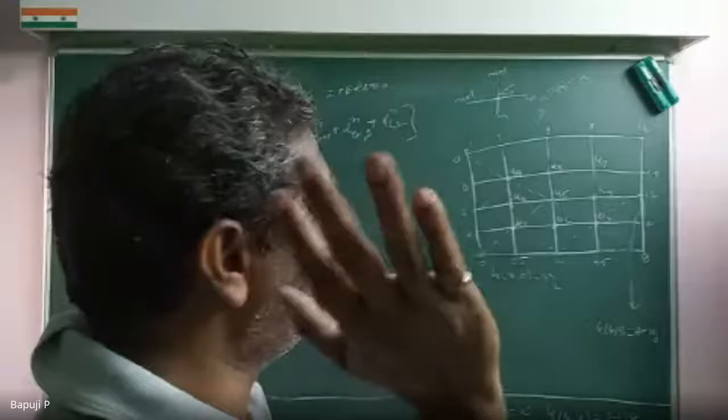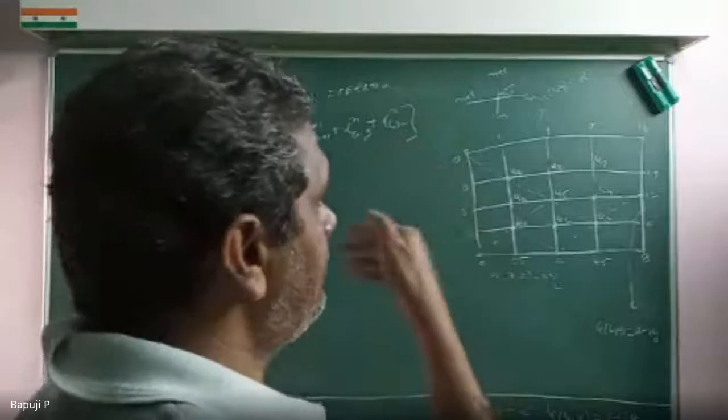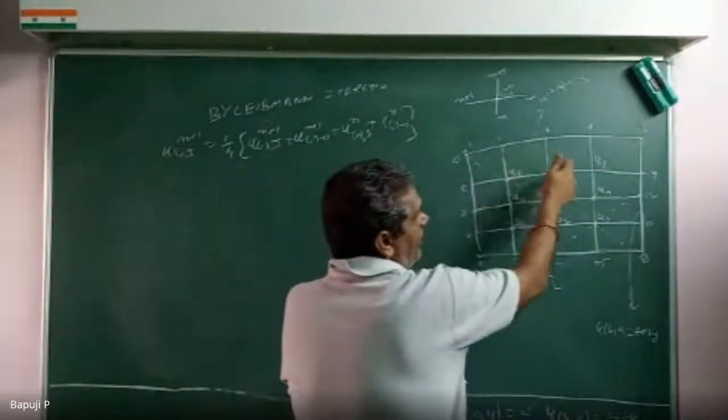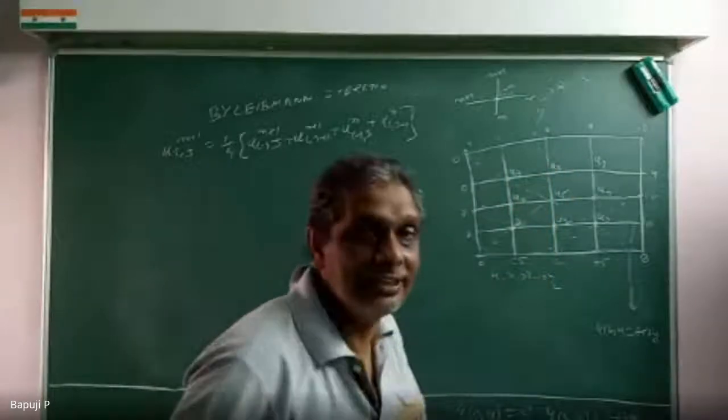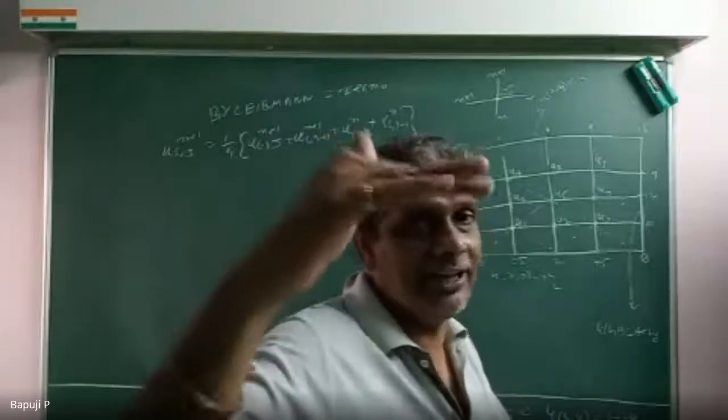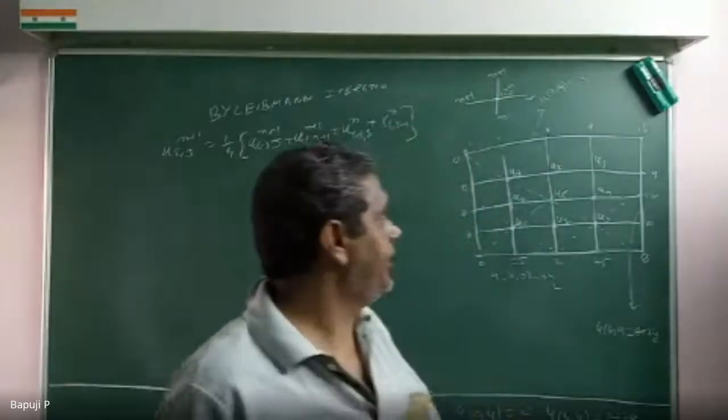Very good. Wait. This first n plus 1 value I am finding here, that value I can use here. Clear? Yes, sir. Plus u7 n plus u5 n. With n equal to 0, I can get the initial values nicely. Then u5 n. Very good. Then u7, tell me.